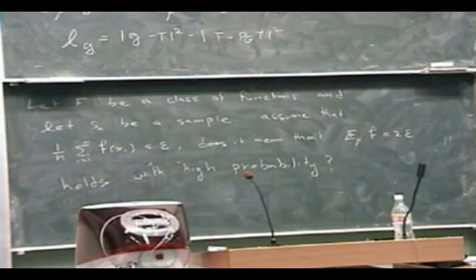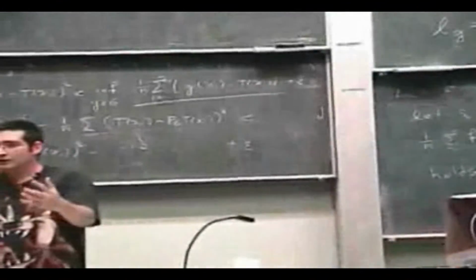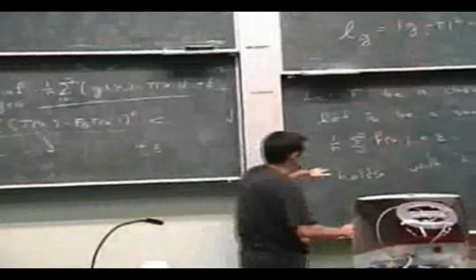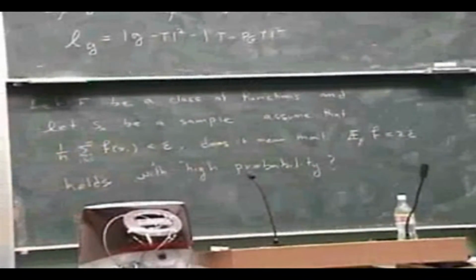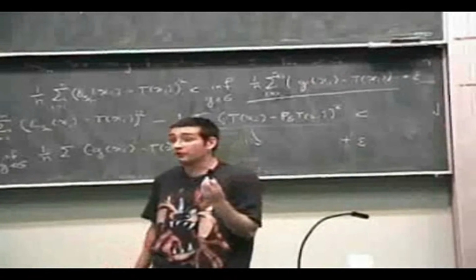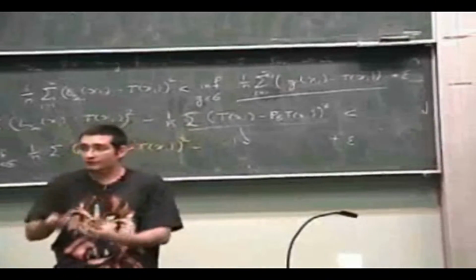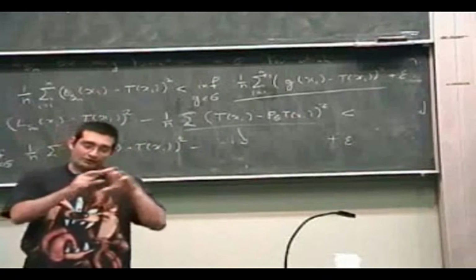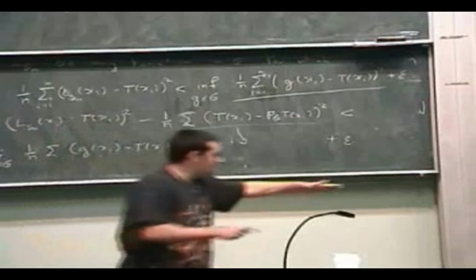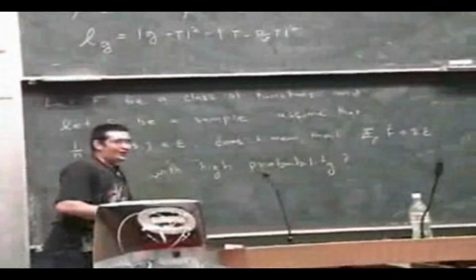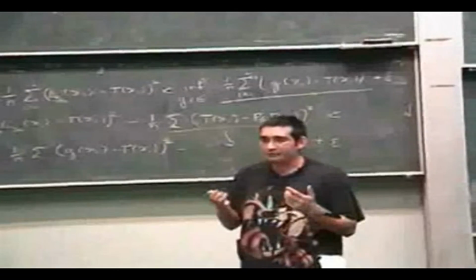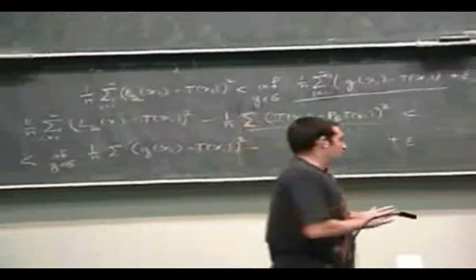Okay, so assume your class consists of the following. It's simply the set of all the continuous functions on the interval 0, 1, bounded by 1. Okay? So f is all continuous functions on 0, 1, which are bounded by 1.